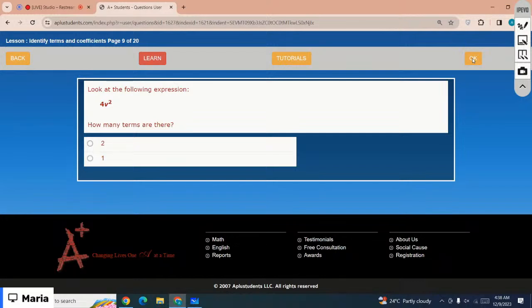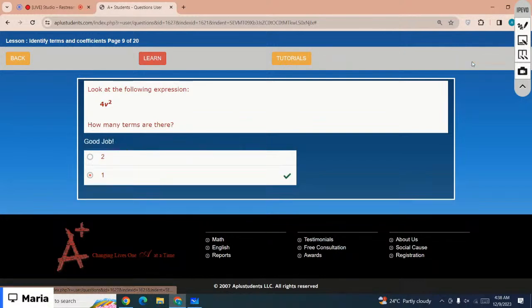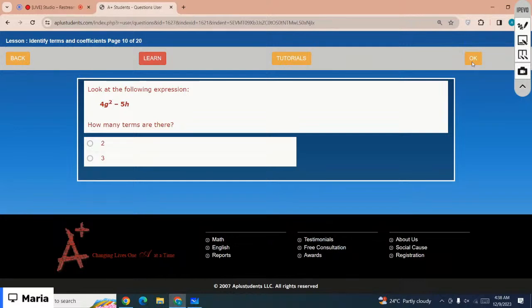The correct option is 1. Look at the following expressions. How many terms are there? Which is the correct option? The correct option is 2 terms, right?